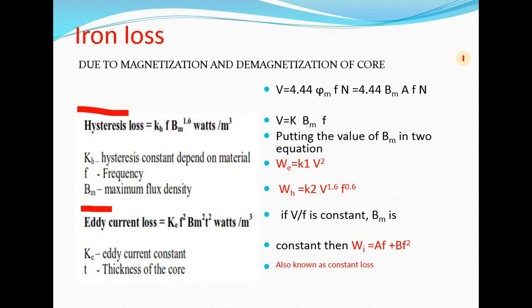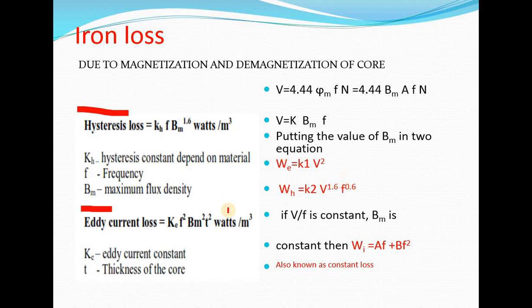Now this is all about the iron losses, and you know that iron loss is also known as the constant loss, because at a particular voltage, the eddy current loss WE is constant and WH is also constant, with only a small variation on the frequency. It depends upon the frequency to the power 0.6, but we know that the frequency of the system is almost constant.